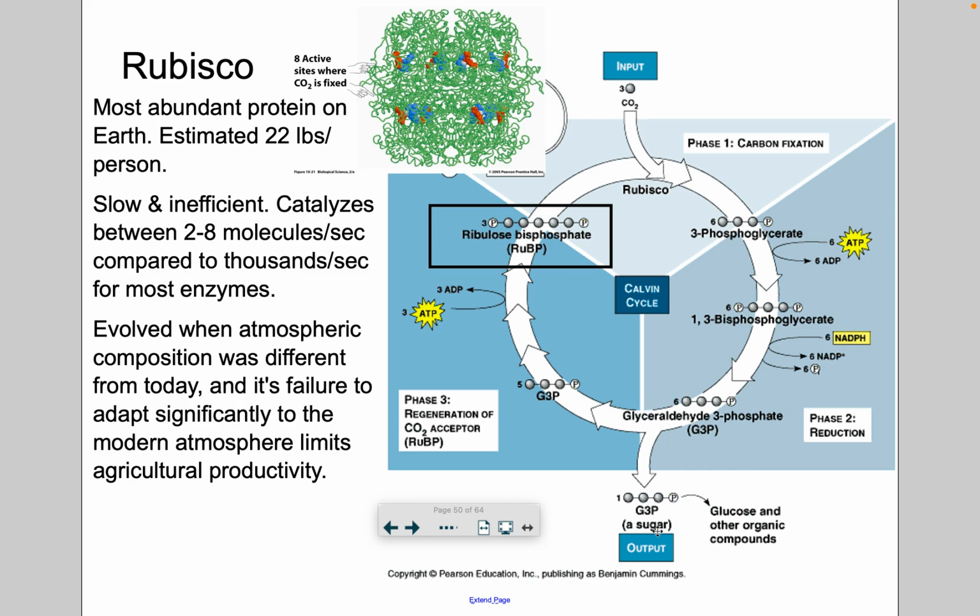And this is where we're going to set aside one G3P molecule, and then the rest will move on. And then it will go around and we'll set aside another G3P molecule. And then when you have 3 plus 3, you get 6, and you can make glucose and other organic compounds. So the first stage is carbon fixation, then reduction, which means that we're modifying it, but we're using energy in the process. And then the regeneration of our RuBP, so that we can take in more CO2.